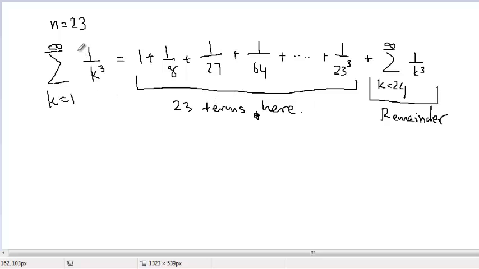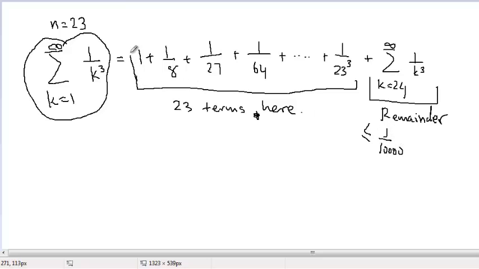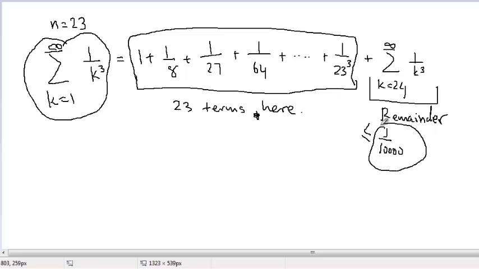If I want to find the exact value of this sum, it will take some time, but if I'm fine with an error that is smaller than 1 over 1000, then I can just compute the sum of the first 23 terms, and that will give me a very good approximate value. The error will be smaller than 1 over 1000, which is quite a big number. Alright?